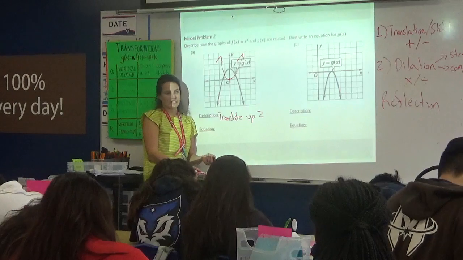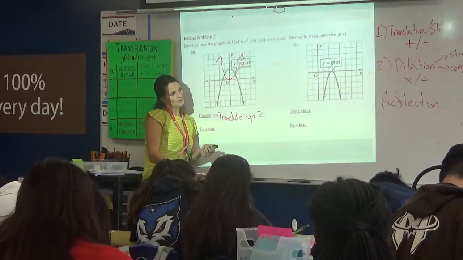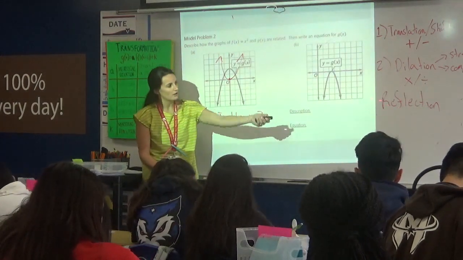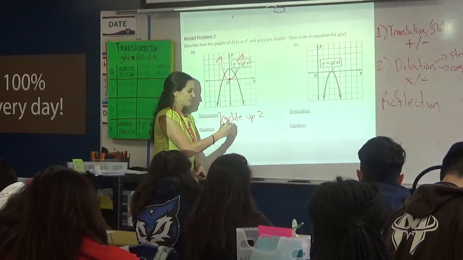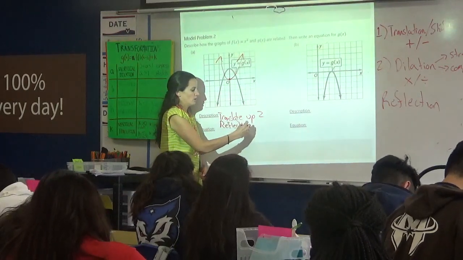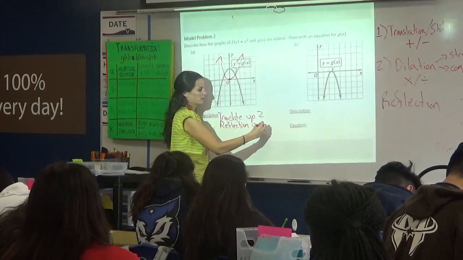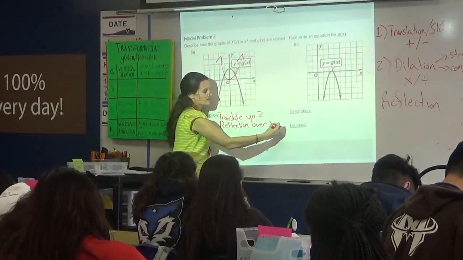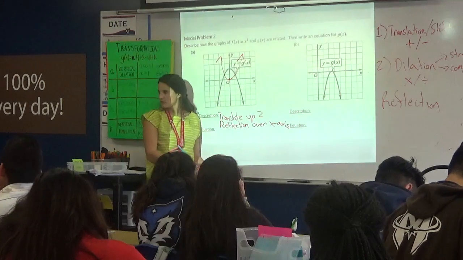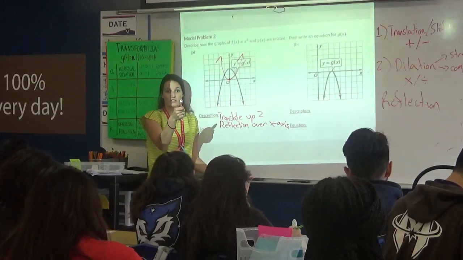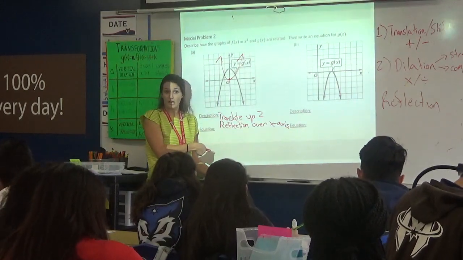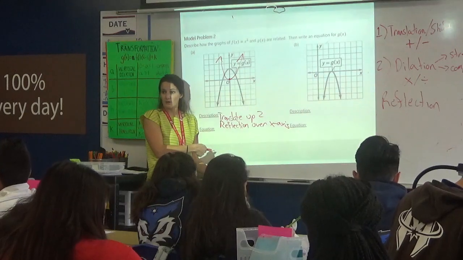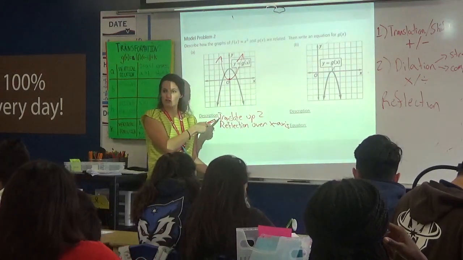And then she said something about a negative. When we're talking about negatives, that was a reflection. Good. Reflection over the, since it went up and down, it's over the x-axis. So now, D'Anthea already said the reflection is going to come in with a negative. Martin, how am I going to translate up 2?